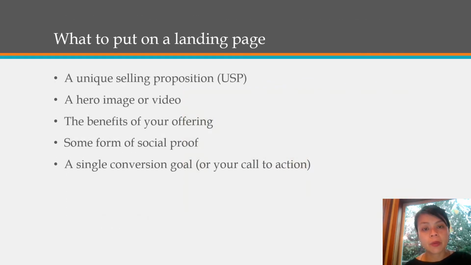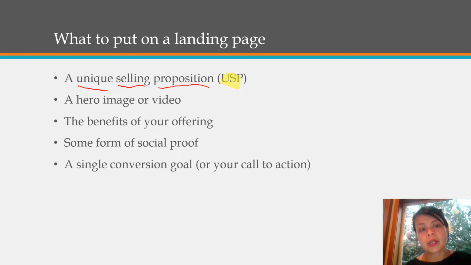So what do you put on a landing page? You put a unique selling proposition, or a USP. If you can't remember all these acronyms, don't worry about it. Think of it more as unique selling proposition.